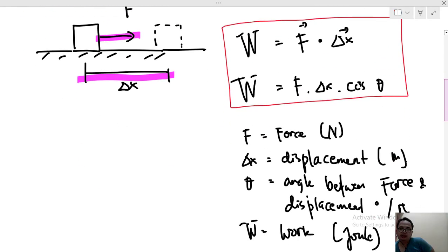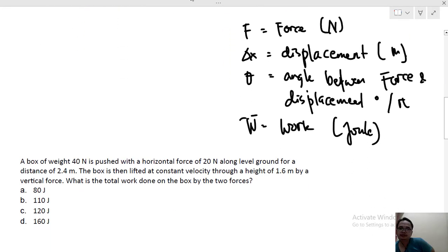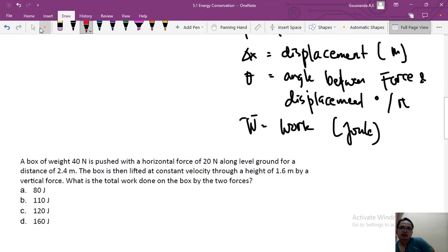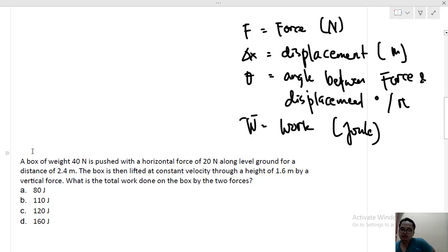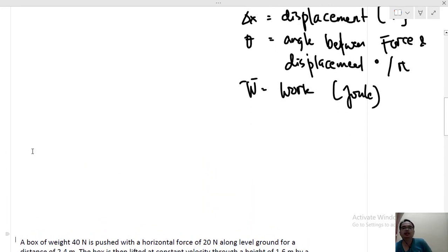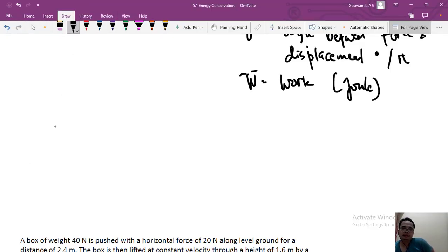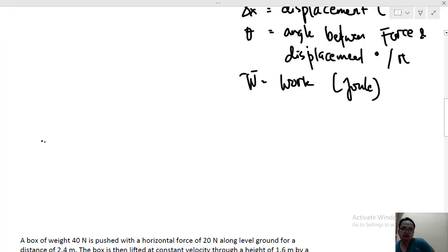Okay, and then we will discuss conservation of energy. Before we go to conservation of energy, we will recall potential energy and kinetic energy. There are two energies that are usually discussed in physics.